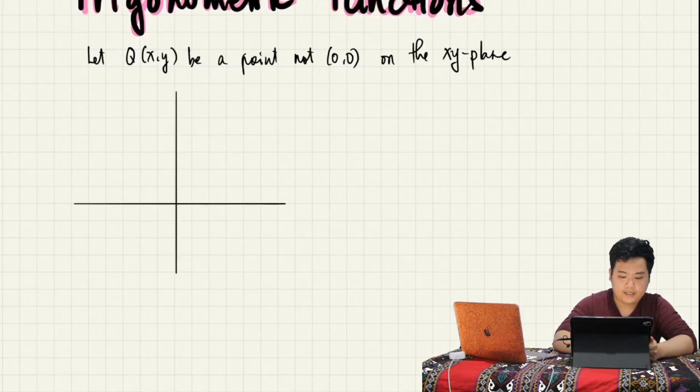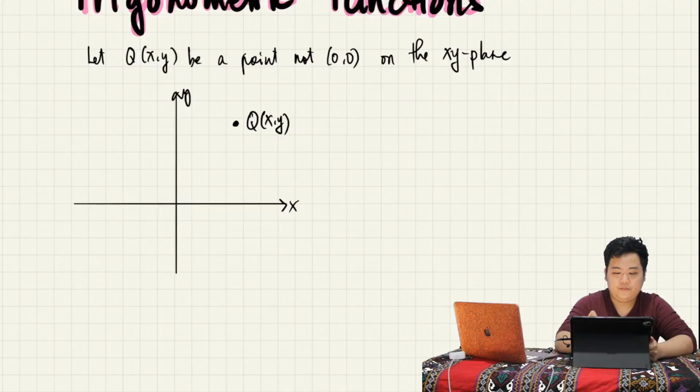It is not the origin, okay? So let's say this is point Q. And if you connect that point Q to your origin, we form an angle in standard position. So let us connect, and let's call this angle alpha.